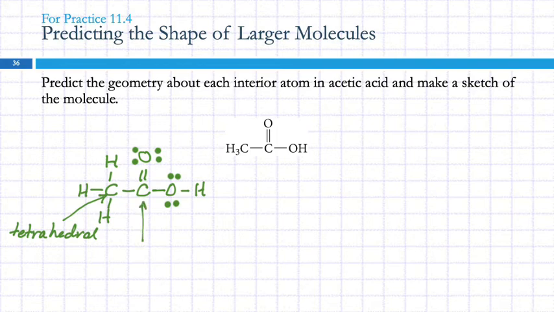Any lone pairs? No. 3 balloons make what? A flat triangle, right? Trigonal planar. And then over here, 4 electron groups. Electron geometry is a tetrahedron, but 2 lone pairs. So what do we call this? Bent.